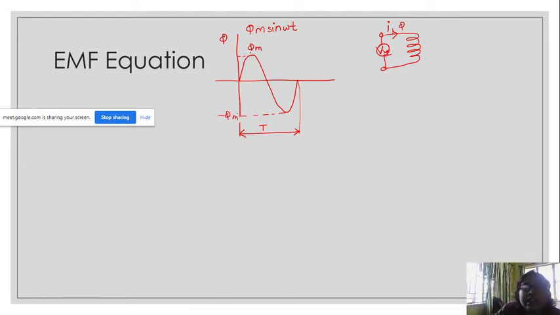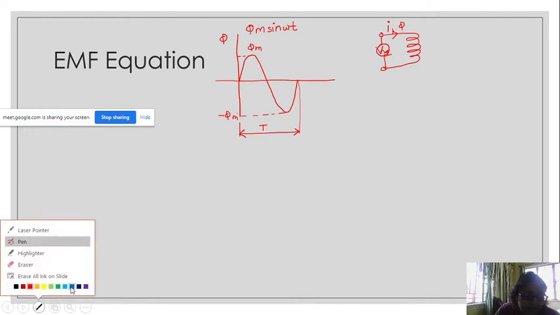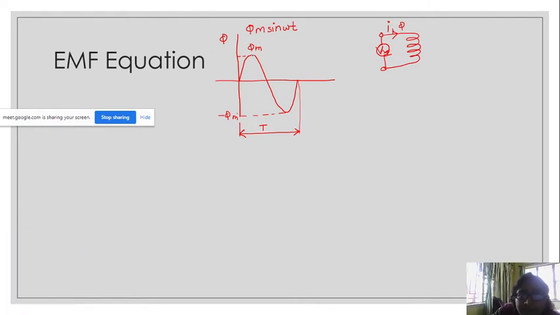Now, can anyone tell me the flux is ever changing? So if I want to take the average value of flux, I am going to take this approach. Suppose at this time the flux is phi m, and at this particular time the flux is minus phi m.